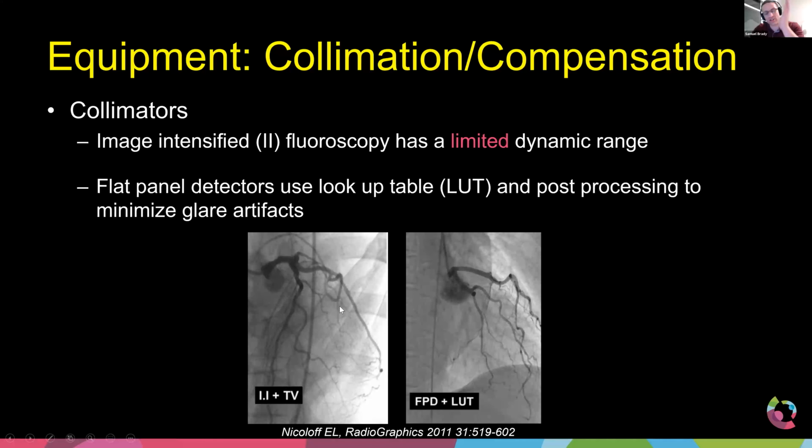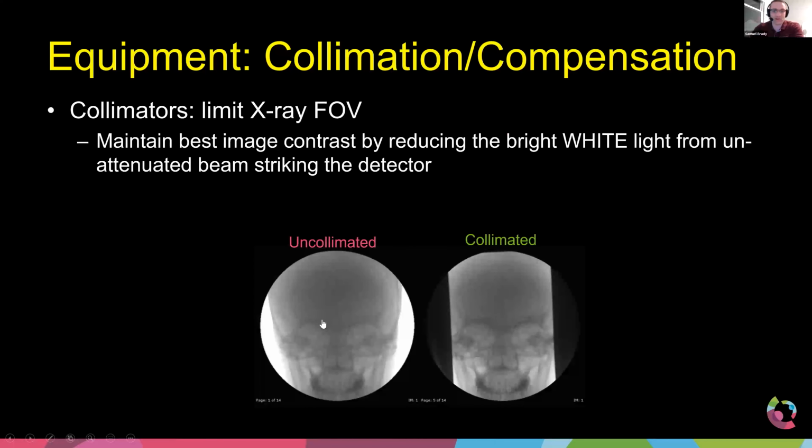So knowing that you have an inherent difference in the way we can present the grayscale, collimation is actually very important, especially with an II. So here we're imaging this little kid's face. And if you are collecting part of the image where there's direct irradiation of the detector from the X-ray tube, so there are no attenuating pathways through the body, you get this bright white.